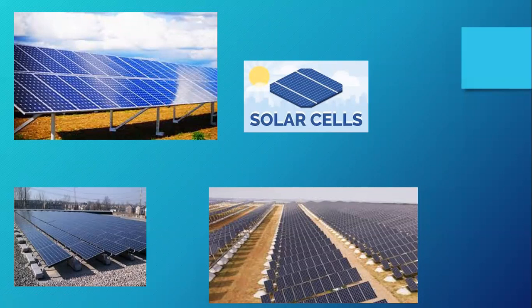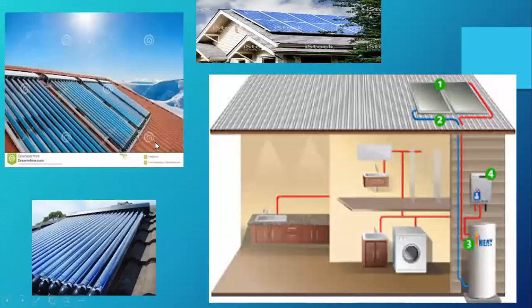Those panels will change the sunlight into energy. The energy will be a power to drive the generators, so we can take electricity from it too. Okay, this is the first thing to have electricity.